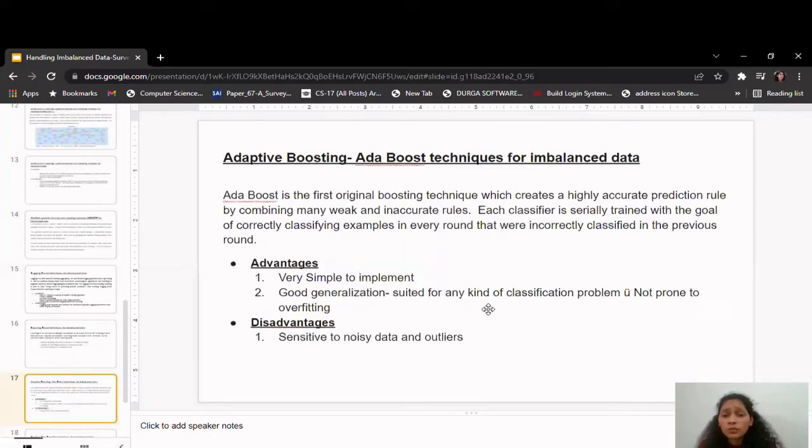I'll just give an overview about these three techniques, because further we have also to take the practical examples and do the things. So what is adaptive boosting? Adaptive boosting, AdaBoost, is the first original boosting technique which creates a highly accurate prediction rule by combining many weak and inaccurate rules. Each classifier is serially trained with the goal of correctly classifying examples in every round that were incorrectly classified in the previous round.